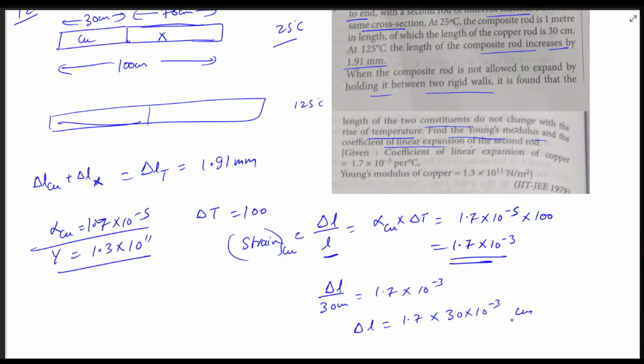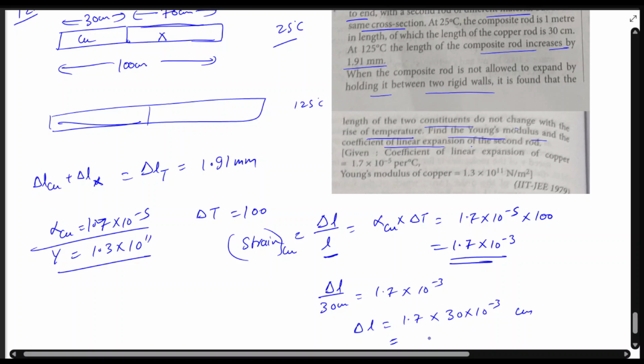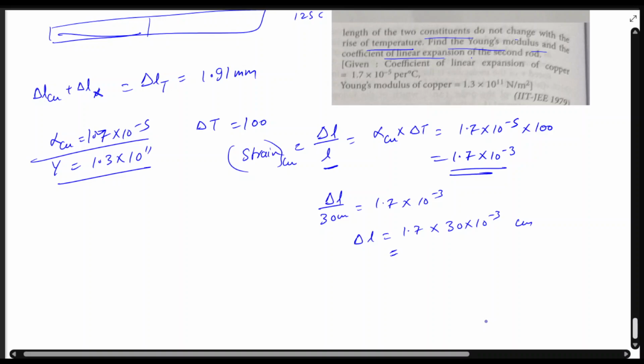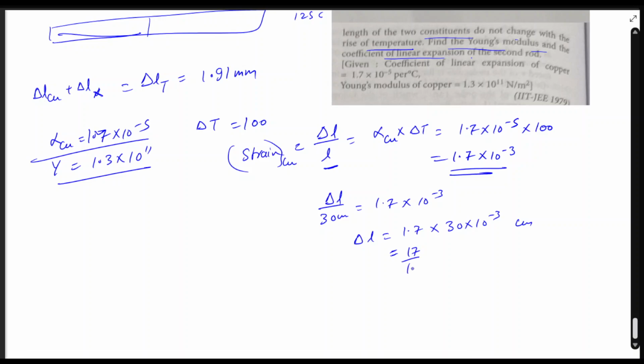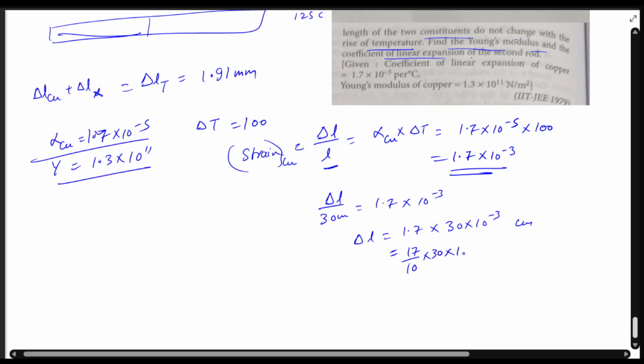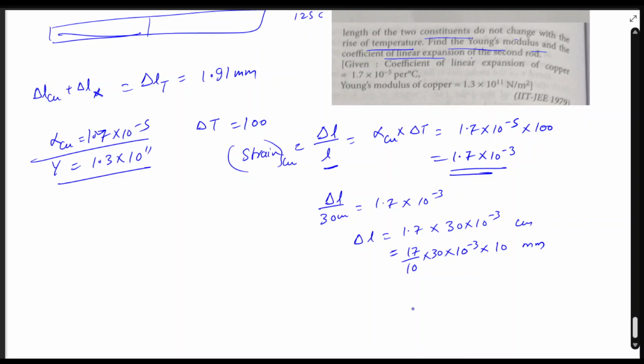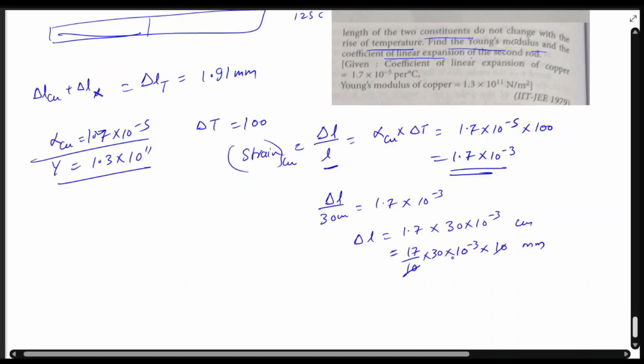To convert it into millimeter, we'll have to multiply it by 10. So it will be 17 upon 10 into 30 into 10 to the power minus 3 into 10. It will be millimeter, right? So this 10 will get cancelled.